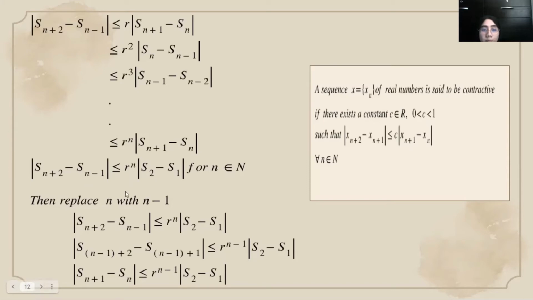So we replace this statement, this equation, into absolute Sn plus 2 minus Sn minus 1. Oh, sorry. We replace n with n minus 1, right? So we replace n minus 1 plus 2, and then continue minus Sn minus 1 plus 1.